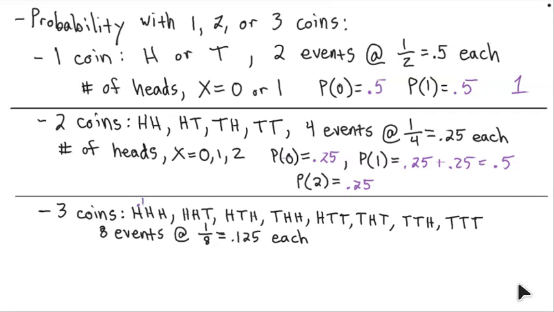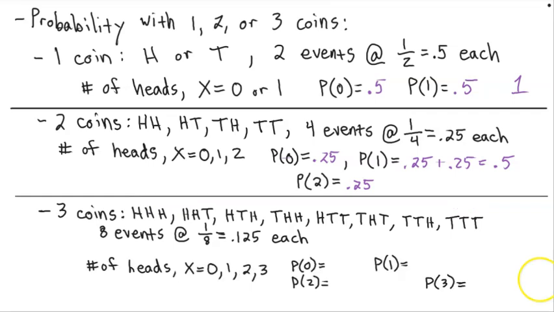So 3 heads is going to be 0.125, heads, heads, tails is going to be 0.125, all the way down the line. Okay, so each one of these is going to be 0.125.